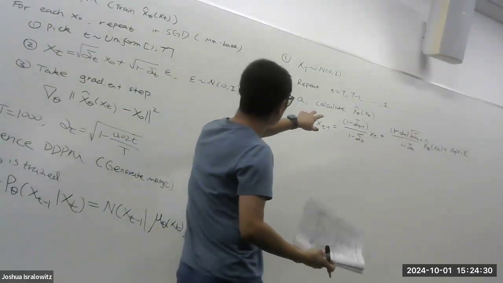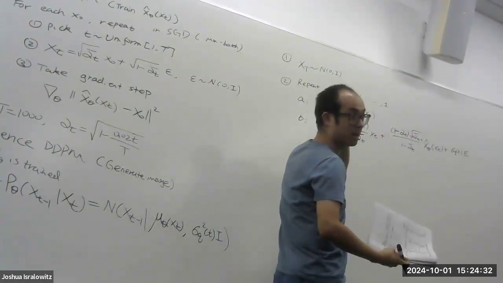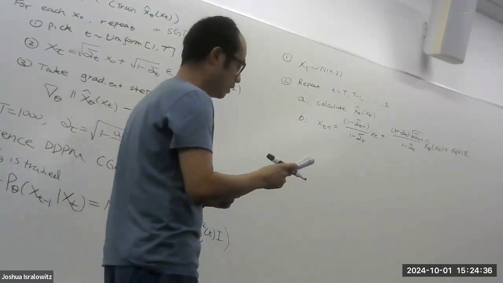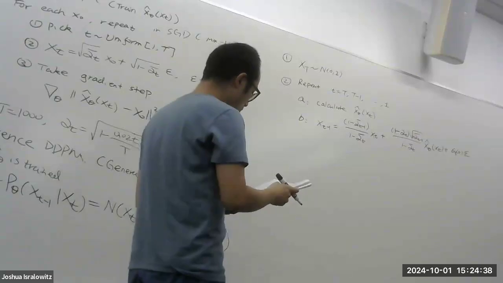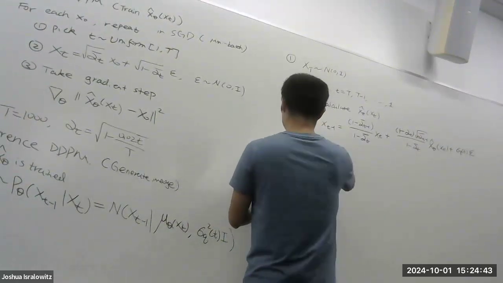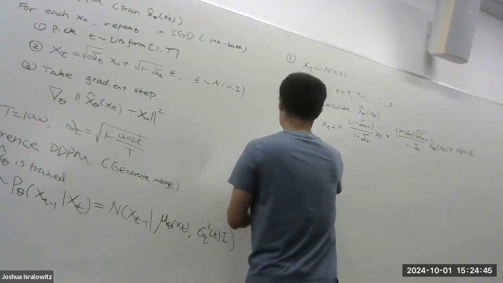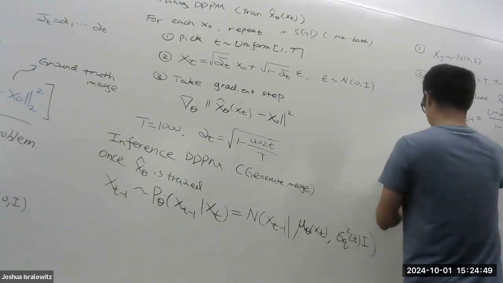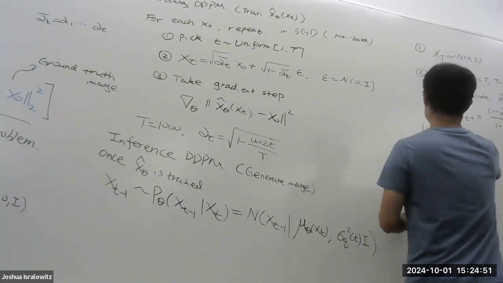But the issue is we have to go back 1,000 steps from t equal to 1,000 to t equal to 0. So now you can think about everything like this. I have layers, some neural network. So this is my x1, which is one image.